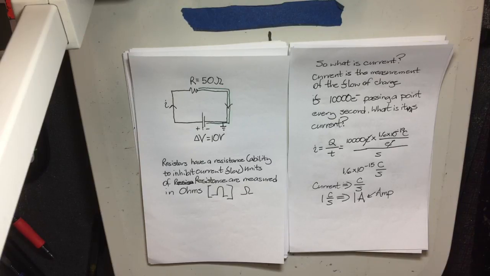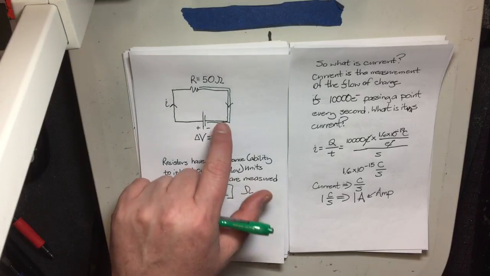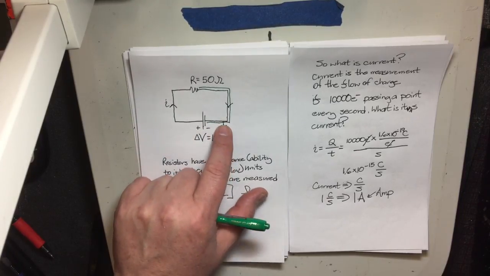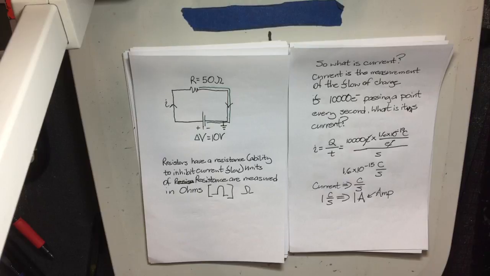So everything on this floor down here is at the same potential. If I didn't attach the ground to it, you could not tell me what potential it is. But since I've attached the ground to that wire on the right-hand side, its potential is now what?